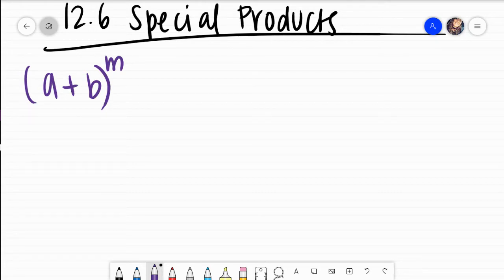What I'm going to do is change it to 2 so that I can show you how you would square it. If you see something inside of parentheses and it's got a 2 on the outside, that's our exponent. So what we looked at in 12.1, this would be the whole base. The whole parenthesis, A plus B, is our whole base.